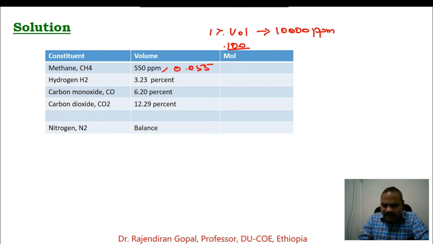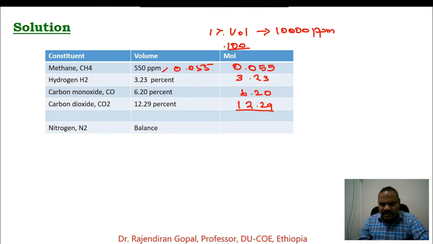So these products of combustion are methane 0.055, then 3.23 for hydrogen, 6.20 for carbon monoxide, 12.29 for carbon dioxide. The summation is 21.775 mole of exhaust gases.